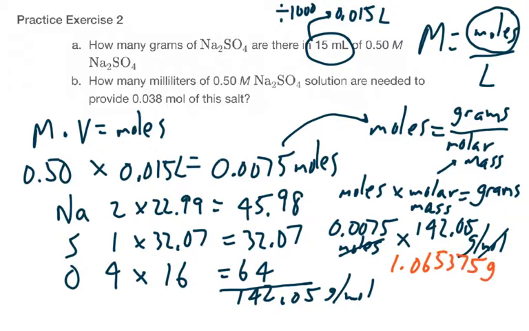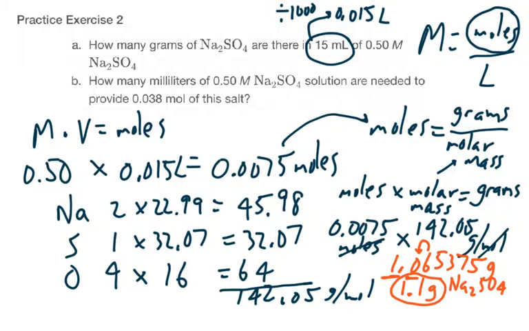Now, if you look at the question, the significant digits is 2. We want to round this to 2 significant digits. We want to show these 2 only. So it's going to bump up, and our answer in significant digits will round to 1.1 grams of sodium sulfate. So the answer is going to end up being 1.1 grams.